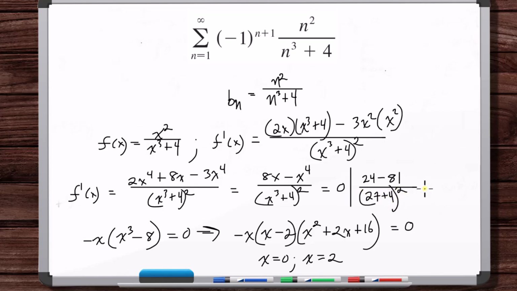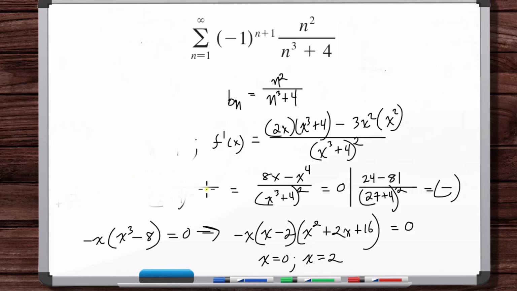So this is negative. Okay, so there you go, x is equal to 3, it's negative. It's never going to change signs after that because there's no other point where the derivative is equal to 0, and it's a continuous function. So this is decreasing. So we can apply the alternating series test.